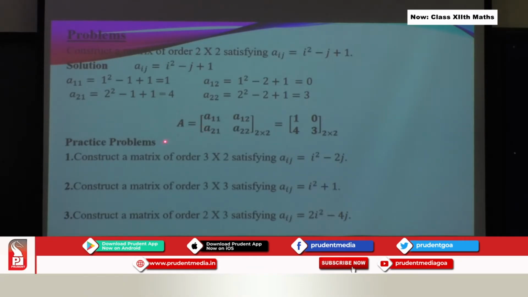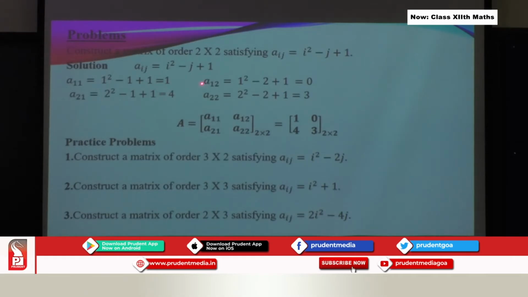Look at this, this is supposed to be the structure of this matrix. So at A11 position, using this matrix generator, wherever there is i we have 1, wherever there is j we substitute 1. So we get 1 square minus 1 plus 1 equals 1.